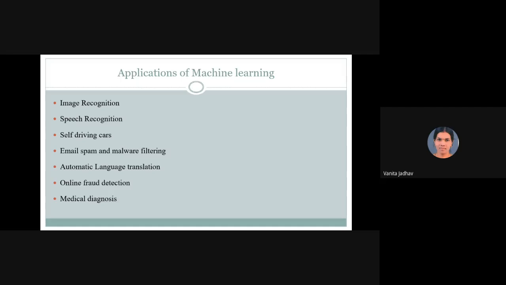Third is self-driving cars. This is also one of the most popular applications of machine learning. In this application, machine learning plays a significant role in self-driving cars. As we know, the Tesla company is the most popular in car driving.